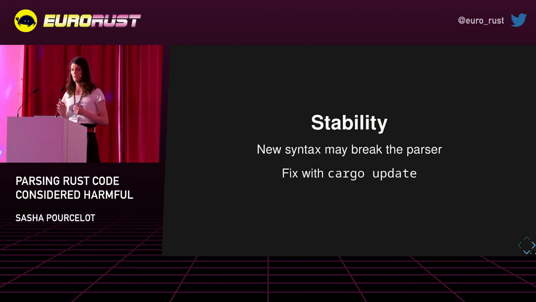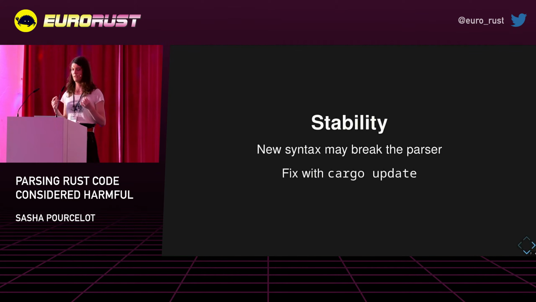This solution is very stable, actually. If a new kind of syntax is ever added to Rust, then I just have to bump a dependency, literally just syn, update syn, release a new version, and it will work.